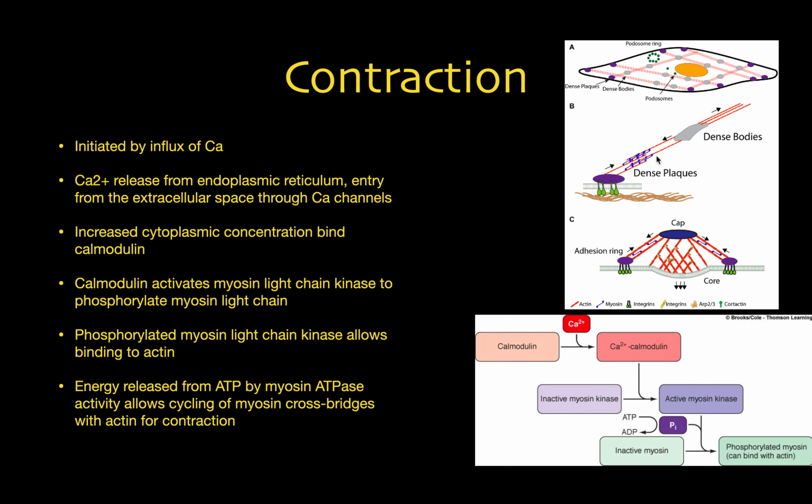The dense bodies will be pulled, and then that in turn will pull the dense plaques, forming adhesion rings, and they will pull to the cap, and all these cross filaments will all pull together and make the lumpy surface. So here it is. Calmodulin calcium binds to it, and it activates the myosin kinase, and then ATP is used to activate the myosin.